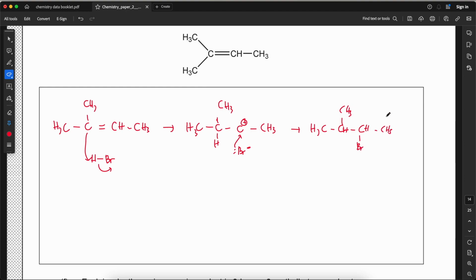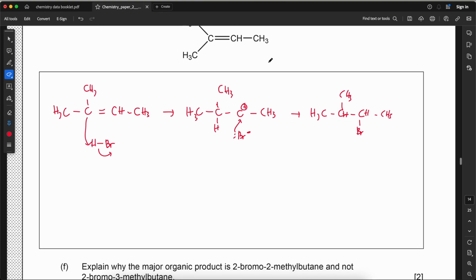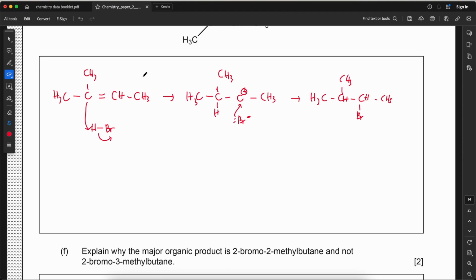So the pi bond between these 2 C in 2-methylbutene acts as a nucleophile, donating the pi electrons to an electrophile, this H in HBr, where the H atom is an electrophilic center with a polar bond.